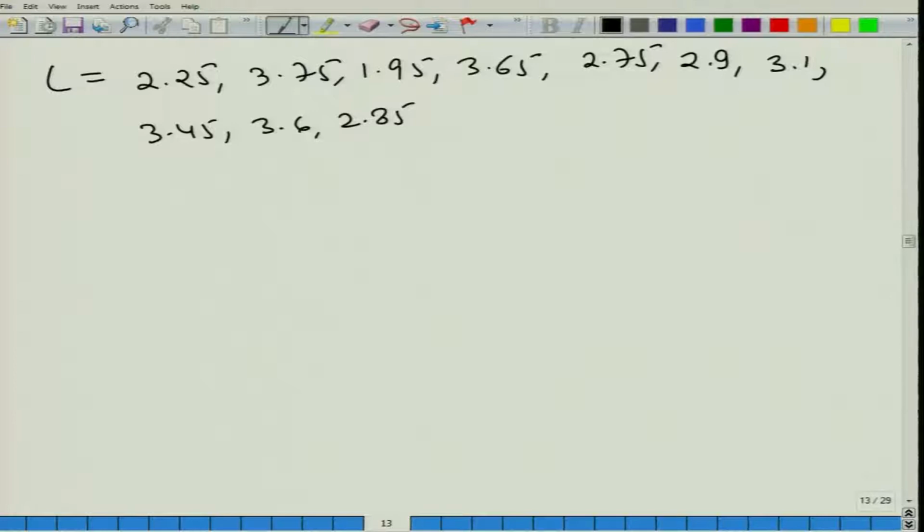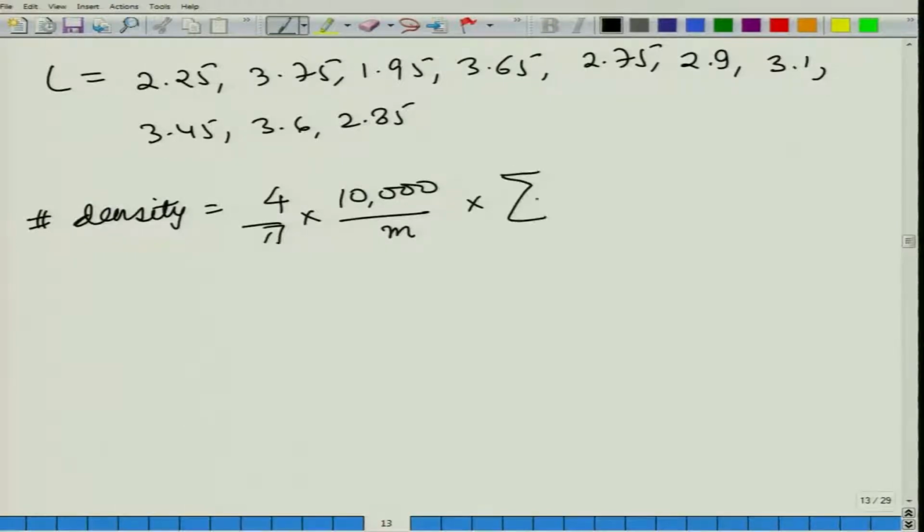Now, the number density is given by 4 by pi into 10,000 divided by m into sum over 1 upon Li square. Now, in this case, because we have 10 readings, m is equal to 10. So, this equation will become 4 by pi into 10,000 divided by 10.